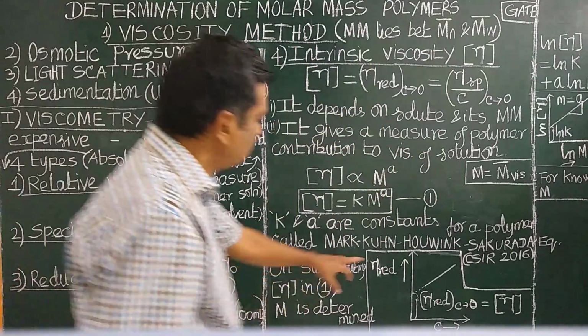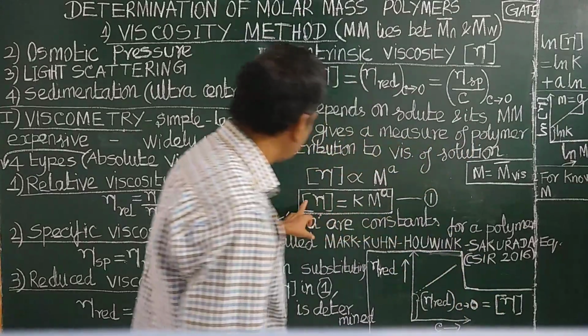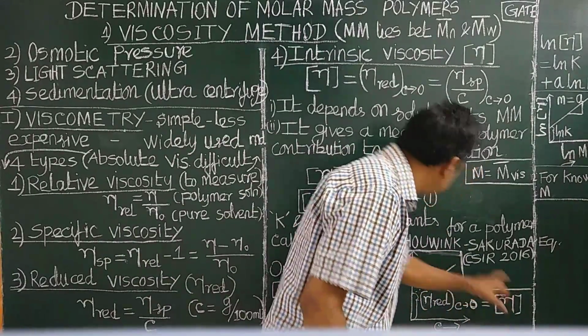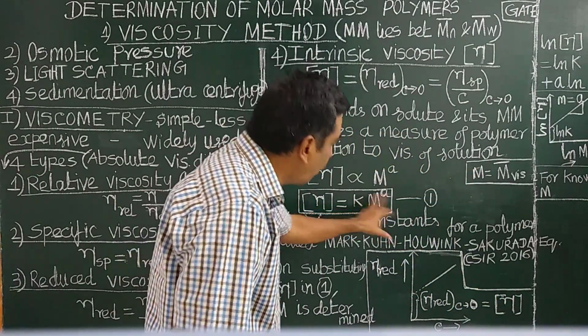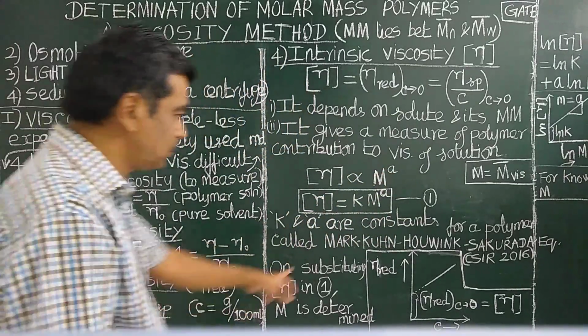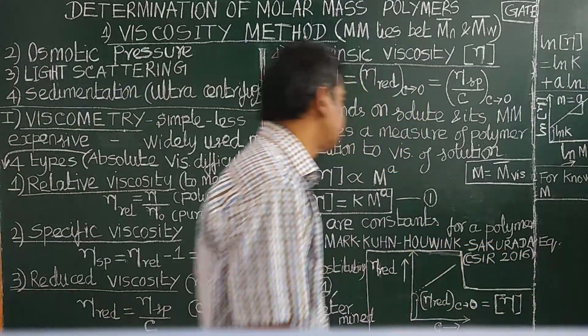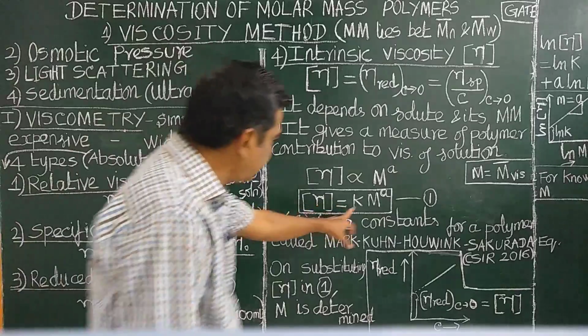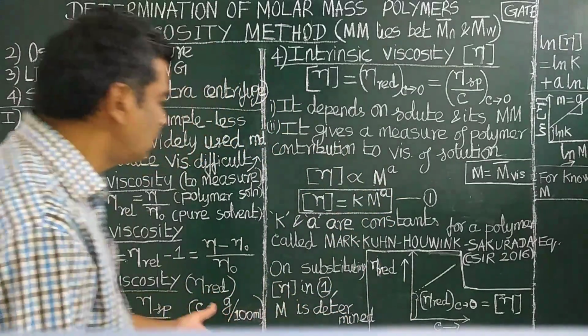Now this is known. On substituting this intrinsic viscosity here, the molar mass can be calculated by using the Mark-Houwink equation, since K and a are constants and are known.